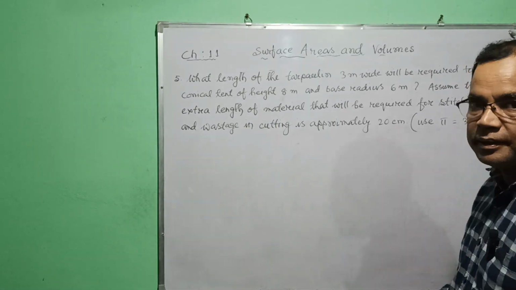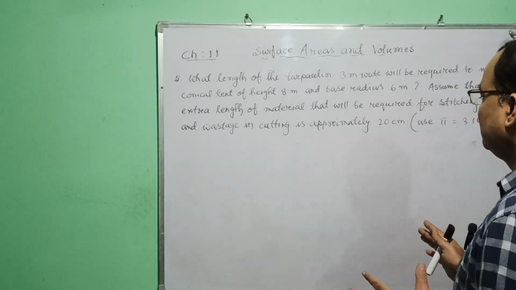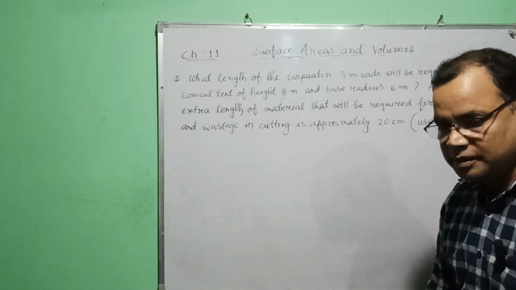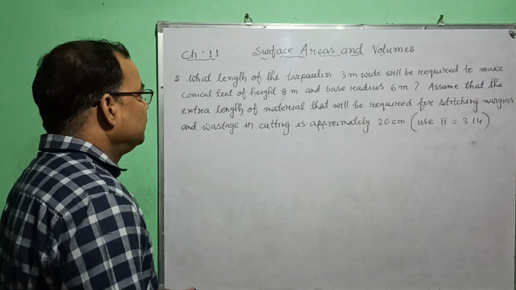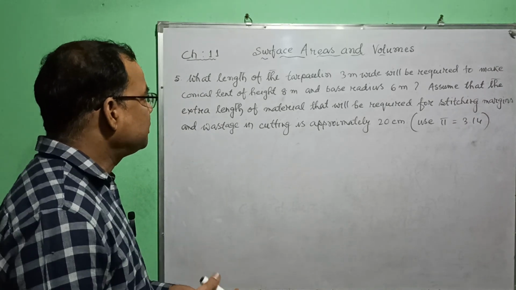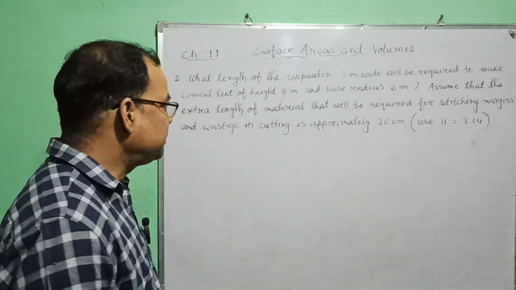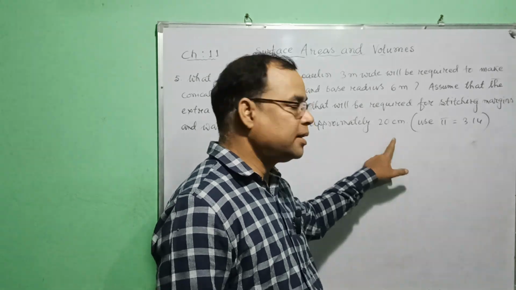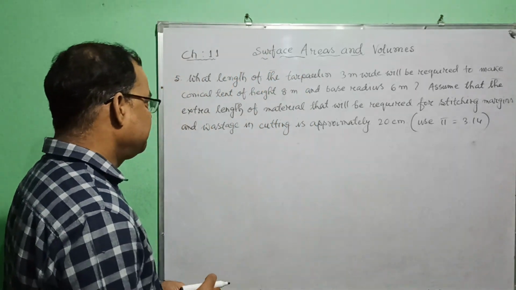We have to remember that in a tent, if the question gives a tent, we'll always consider the curved surface area only. Here the base is not there. The width of the tarpaulin is given, but the length is not given. Another thing to remember is that the extra length of 20 centimeter is used in stitching and margin for cutting.